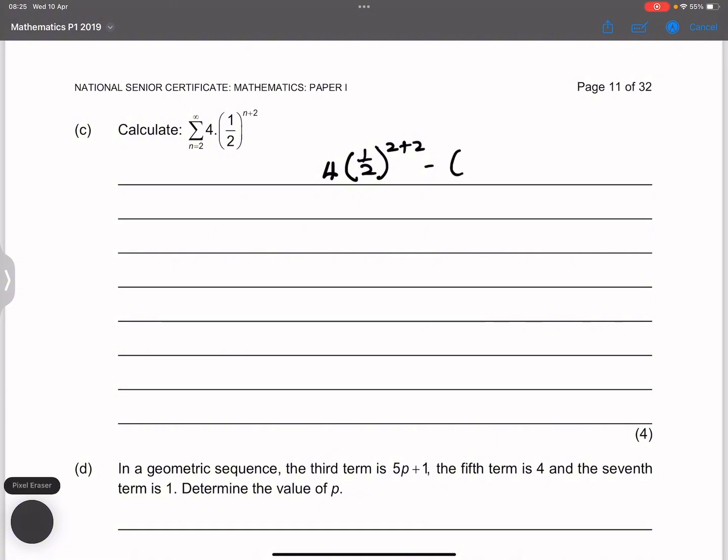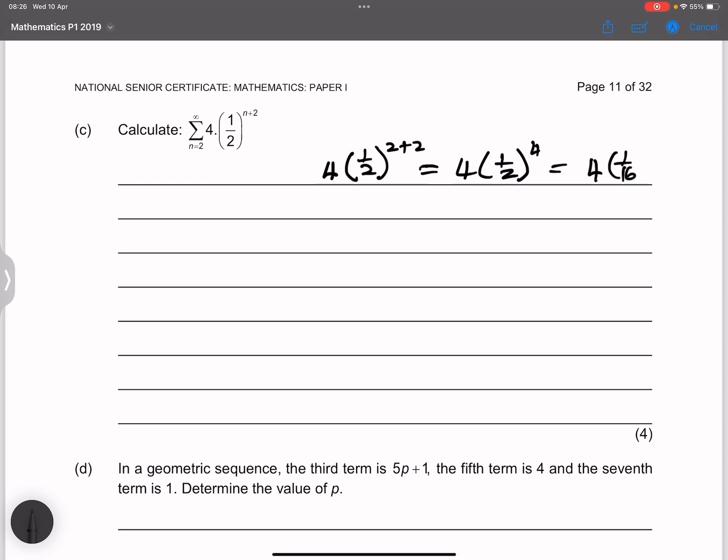So this is going to be equal to 4 into 1 over 2 to the exponent 4. Please, ladies and gents, note in this case that 1 over 2 to the exponent 4 is 1 over 16. So this is 4 times 1 over 16.